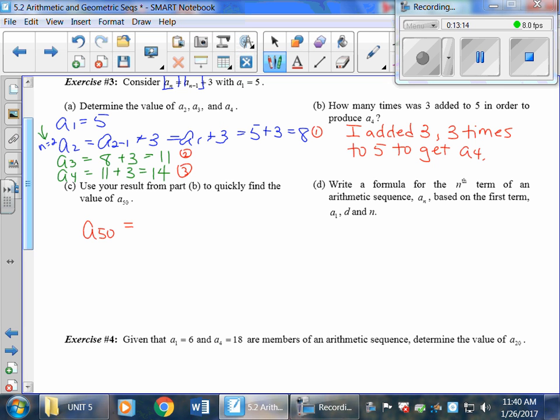We're going to have to multiply 3 times what? 49? Right? And then what do we have to do? We have to make sure we add that original 5 on here. So we get 147 plus 5, which is 152.